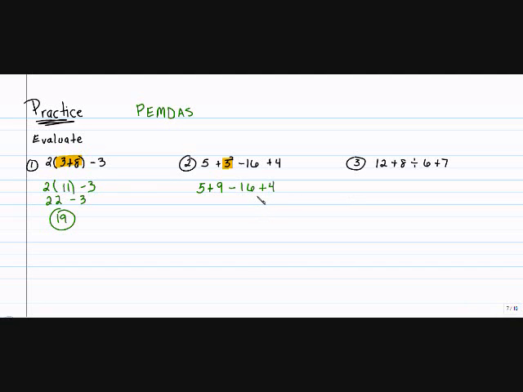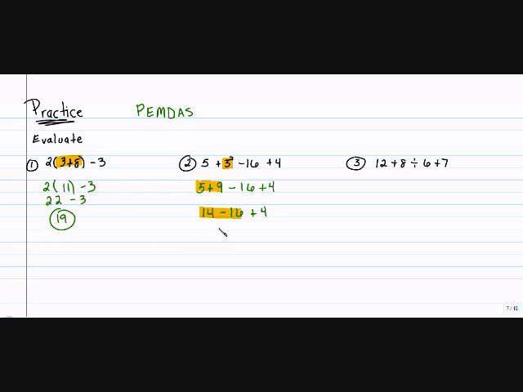So I need to go ahead and solve left to right, meaning I'm going to solve my 5 plus 9 first. 5 plus 9 is 14. I'm going to rewrite the rest of my problem. Moving left to right, 14 minus 16.